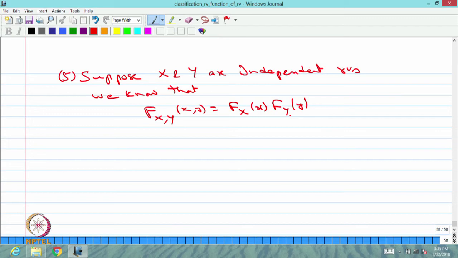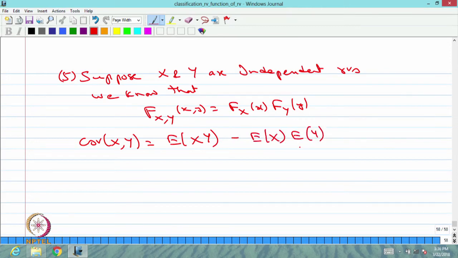If they are discrete type random variables, then the joint probability mass function is the same as the product of the probability mass functions. If they are continuous type random variables, then the joint probability density function is the same as the product of the probability density functions of x and y. So here we are computing the covariance of x comma y, which is the same as expectation of x into y minus expectation of x into expectation of y.